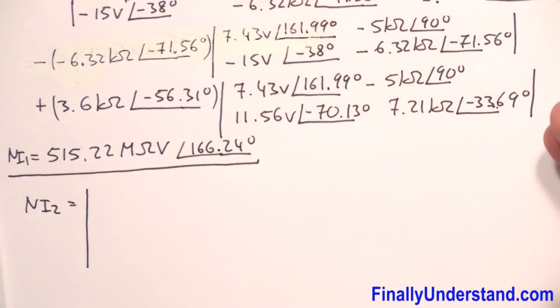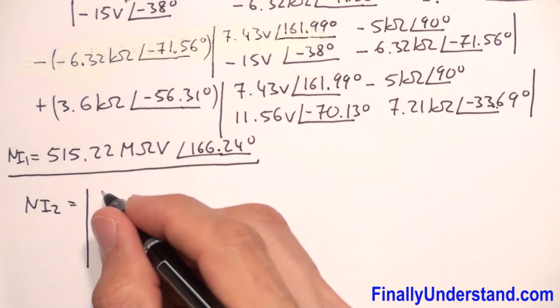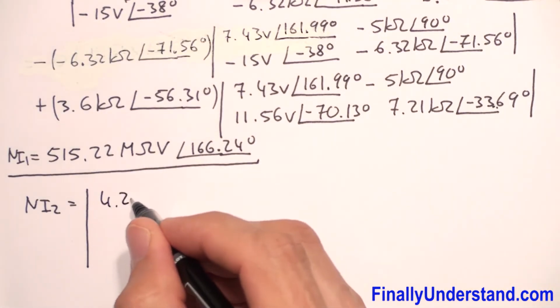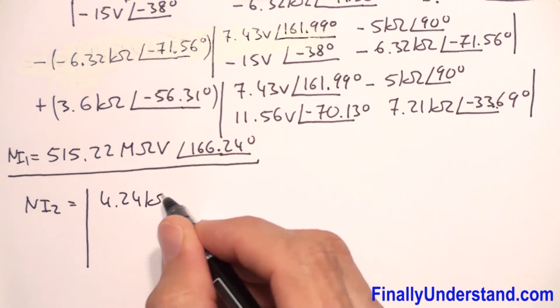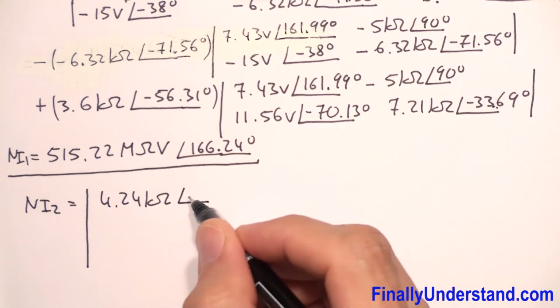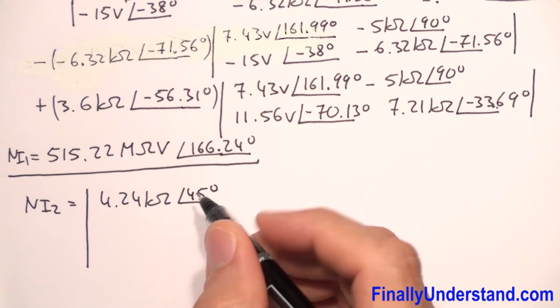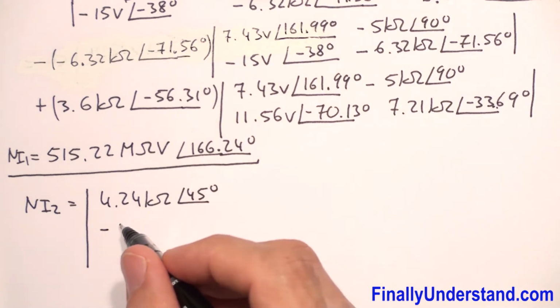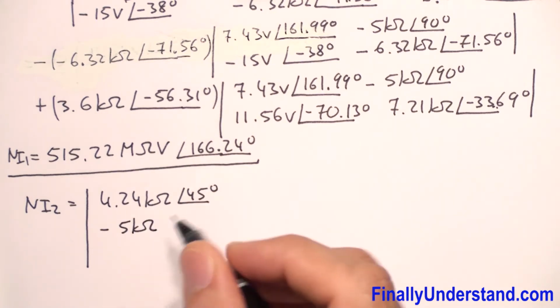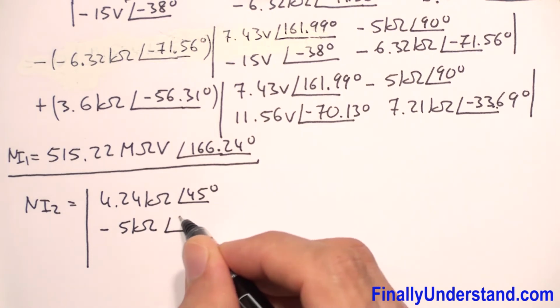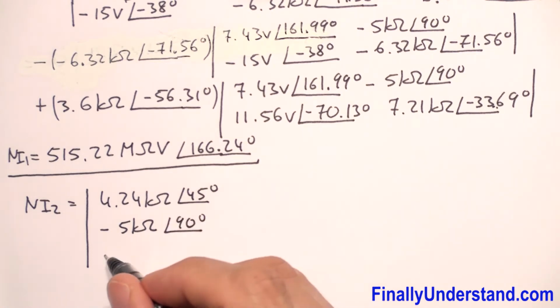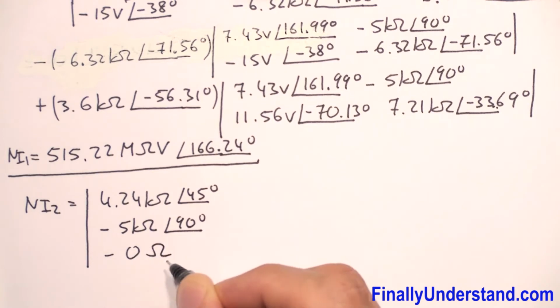Okay, so I have 4.24 kilo ohms, an angle of 45 degrees, and I have minus 5 kilo ohms, an angle of 90 degrees, and I have negative 0 ohms.